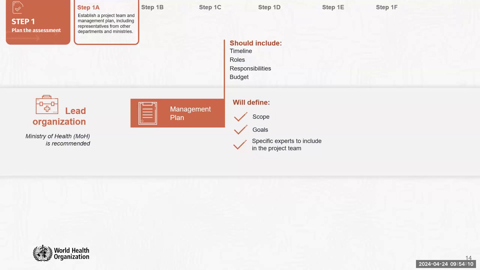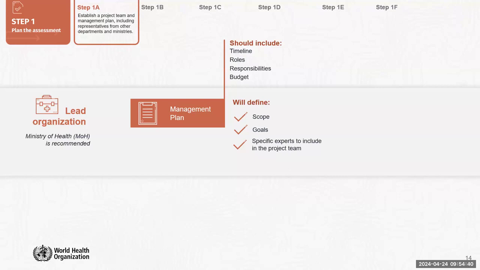Sometimes the Ministry of Health will not be able to carry out the assessment, but the ministry will be able to lead the process and allocate another group, could be an academic institution, an NGO, a set of experts to run the process, but always with the leadership and management by the Ministry of Health.